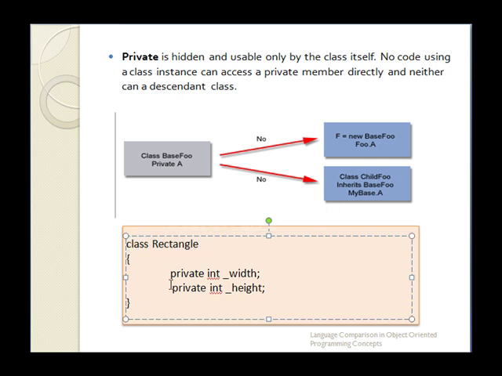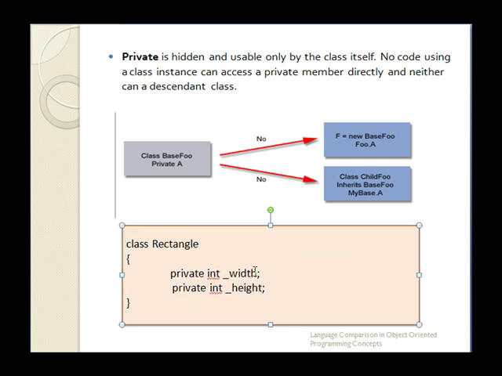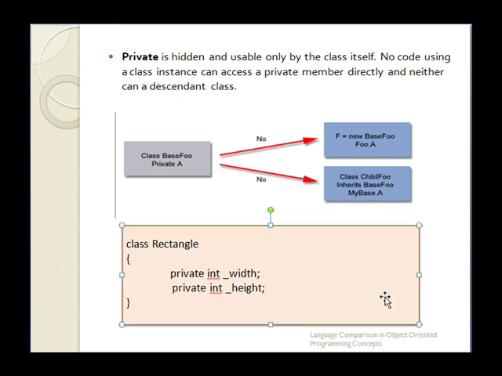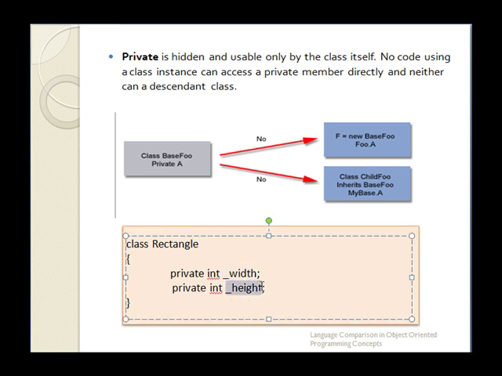Inside the class we declare private int width, and the height is also private. So we can't access this width and height in a different class or different methods. Inside this body only we can use these two data.